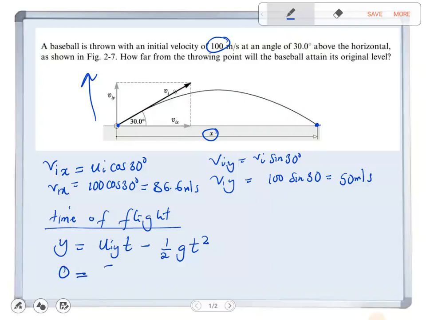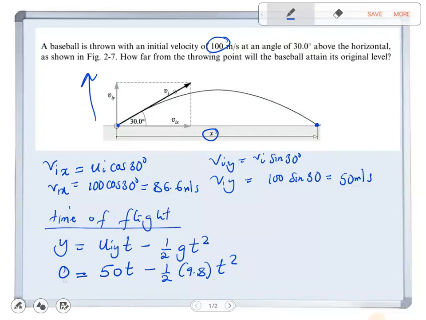Here in the y we have 50. So we put 0 equals 50 t minus half times 9.8, gravity, times t squared. If this is 0, we can divide t throughout.